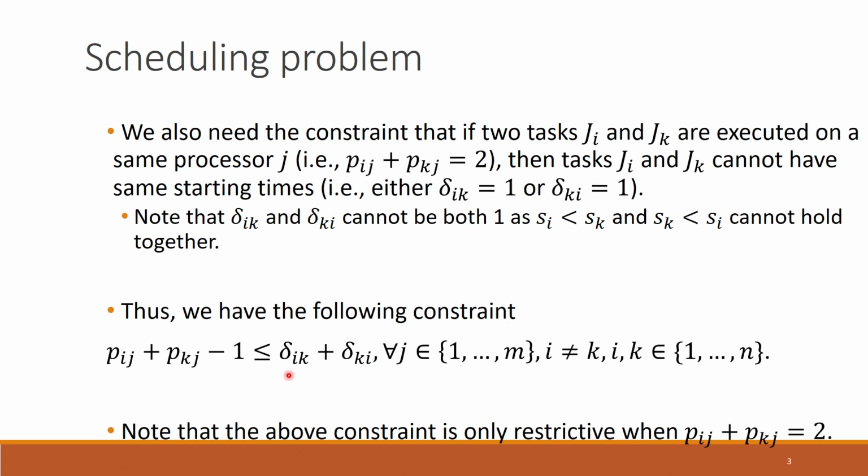Since delta Ik and delta Ki are integer variables, whether they take the value 0 or 1, this condition will always be satisfied, that 0 is less than or equal to delta Ik plus delta Ki. So, this constraint is only restrictive when both Pij and Pkj are equal to 1, and therefore the sum of these two variables is equal to 2.